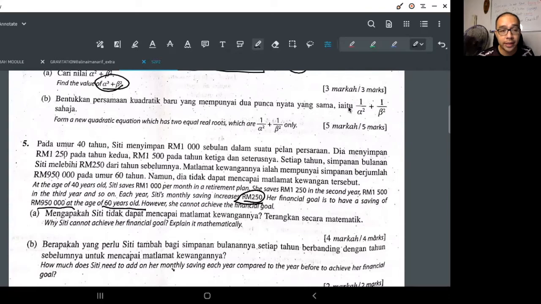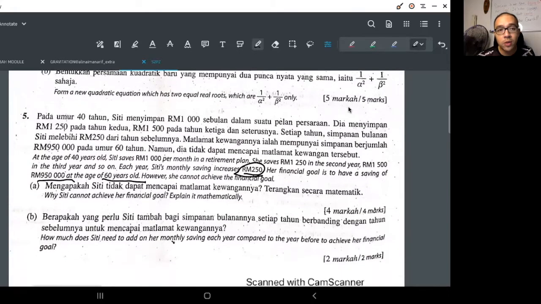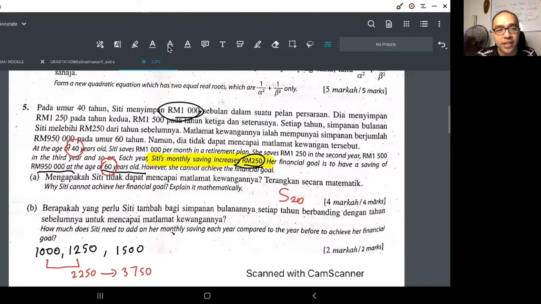Okay, so why she cannot achieve the minimal goal? Explain it mathematically. So when you look at this, the first thing that needs to come to mind is, what chapter is this from? The biggest clue that tells us which chapter this is from is Siti's monthly saving increases 250 ringgit. That tells us that this is from progressions. And not just that, that tells us that this is an arithmetic progression. Okay, I misread the question.